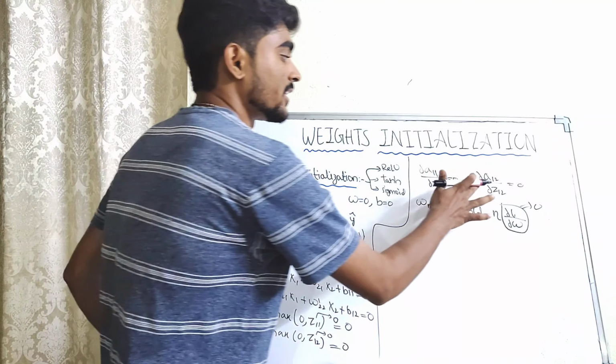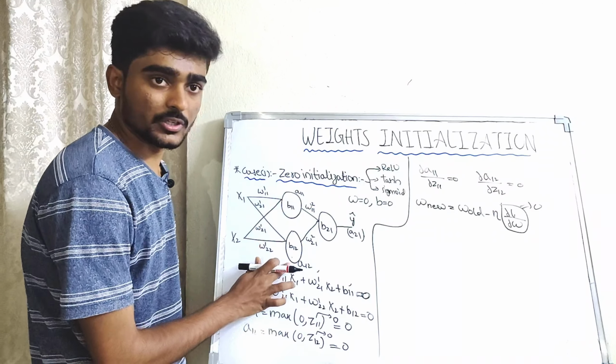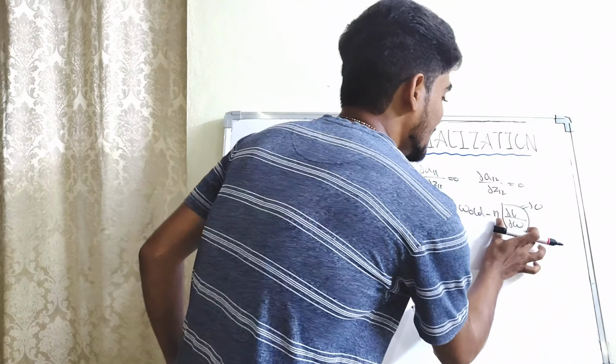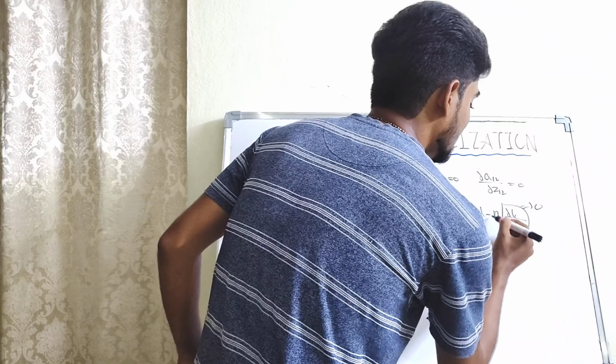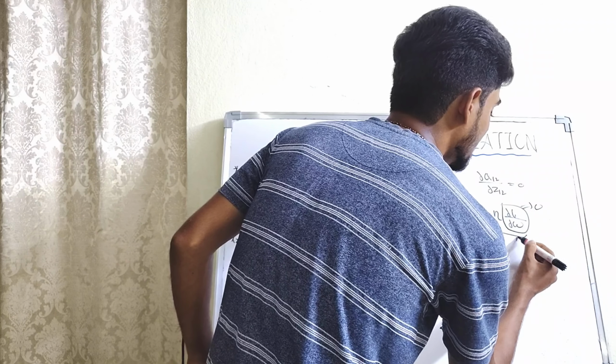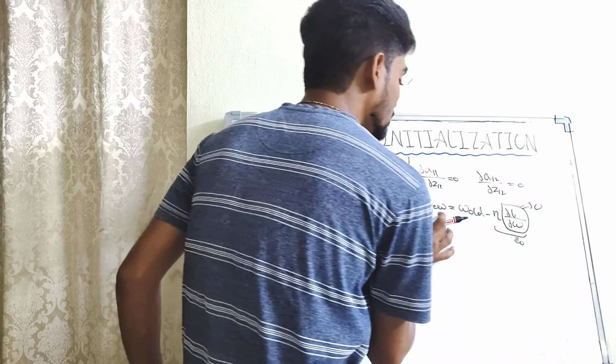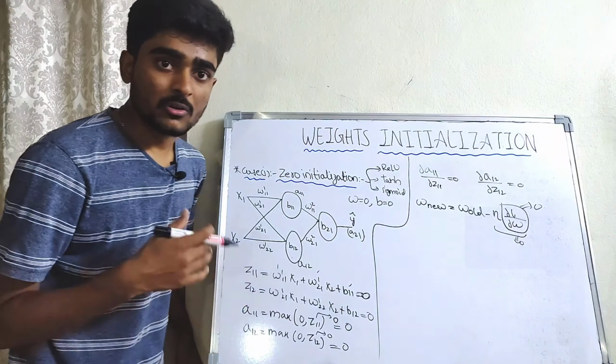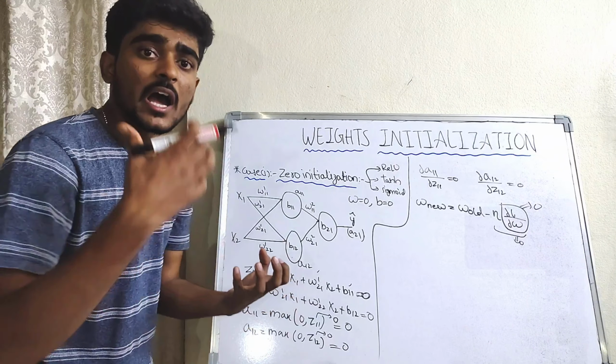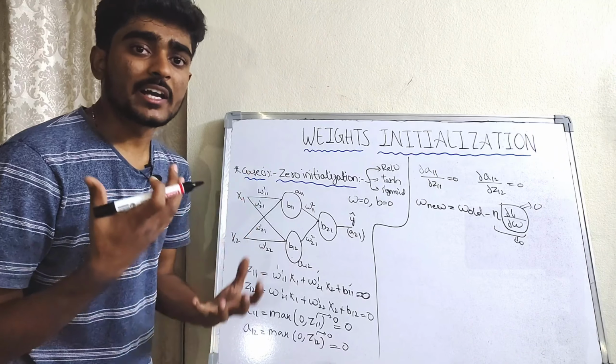Similarly in the case of this node output, when this value becomes 0, this entire term becomes 0. Now when this entire term is 0, w new value is equal to w old value, meaning the previous weight value and newly updated weight value are equal.